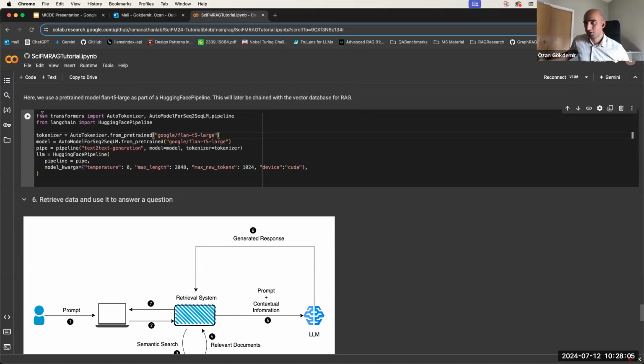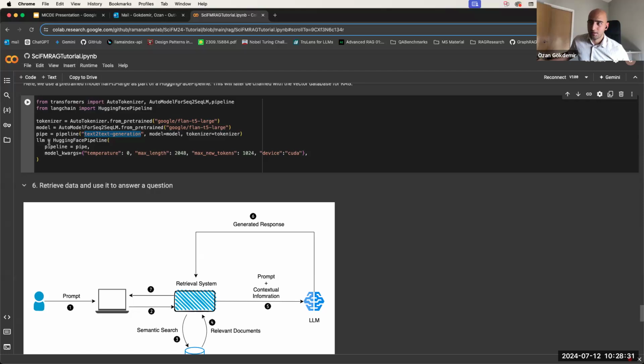So you import from Transformers the auto tokenizer, auto model for sequence to sequence LLM, and pipeline. Then you get your tokenizer for Flan T5 large, get the model, and you build a Hugging Face pipeline with the tokenizer and the model.